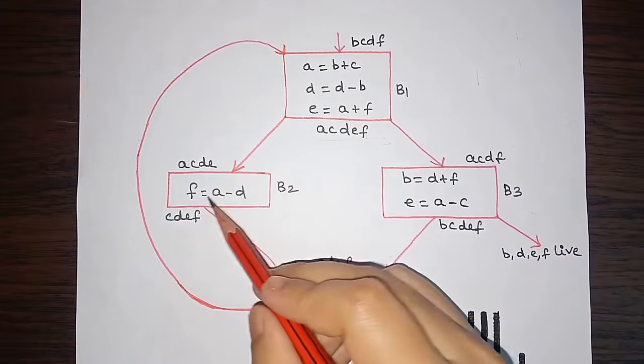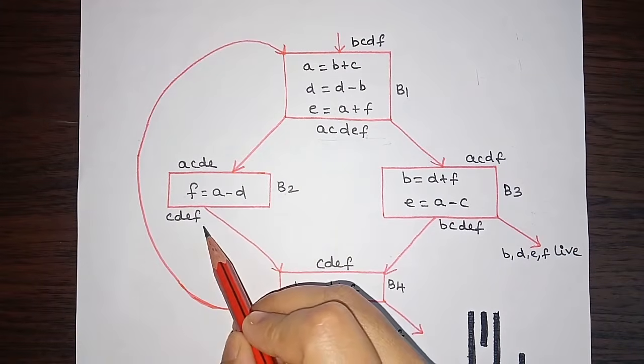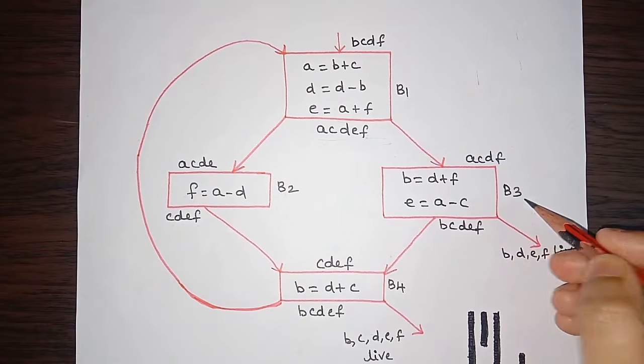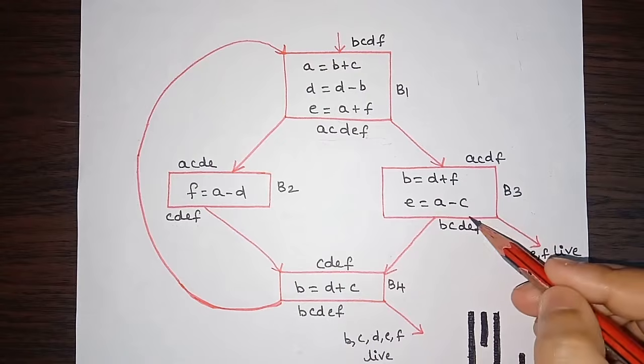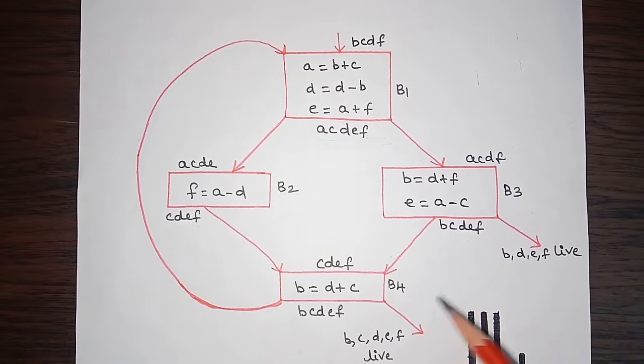Block B2 contains only 1 statement, and C, D, E, F are the live on exit variables from block B2. In the same way, block B3 contains 2 statements, and B, C, D, E, F are the variables that are live on exit from block B3. The 4th block contains 1 statement, and B, C, D, E, F are the live on exit variables from block B4.